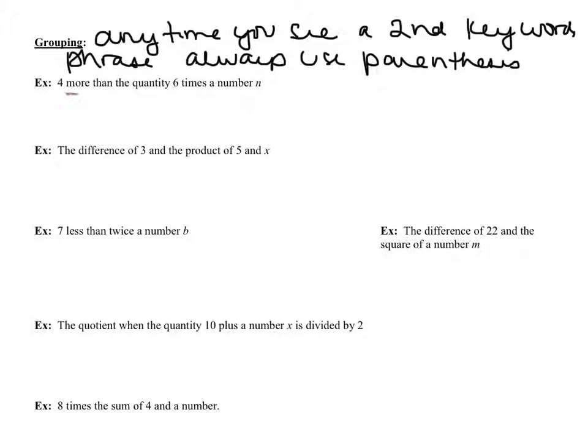So the first keyword or phrase that we see is more than. We know that means to add, 4 plus. As soon as you get to the second one of times, I'm going to open up parentheses.